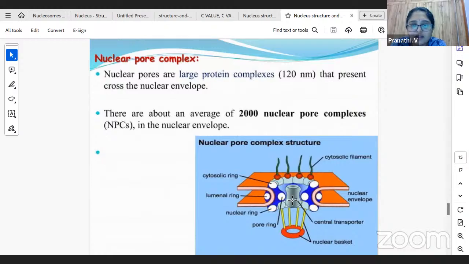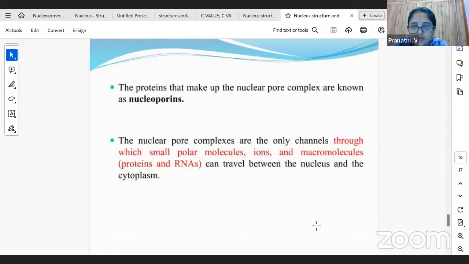So there are three ring-like structures over here, and the pore ring is present surrounding the central transporter. All of these are known as nucleoporins, and through them all the molecules, ions, and macromolecules can travel between the nucleus and the cytoplasm.